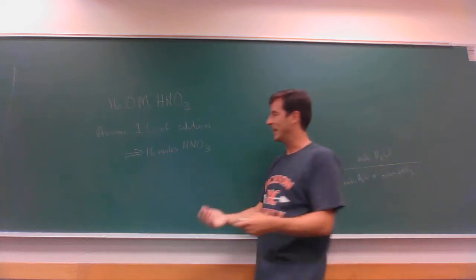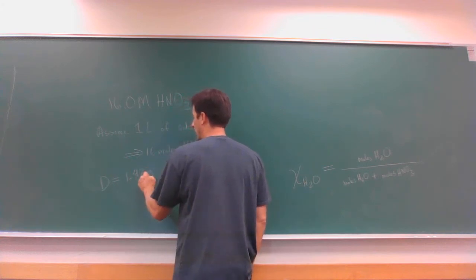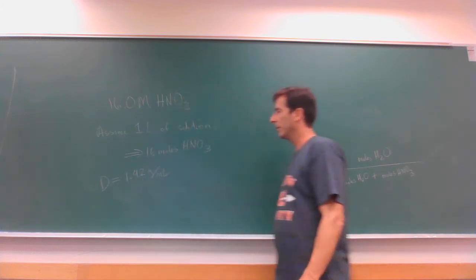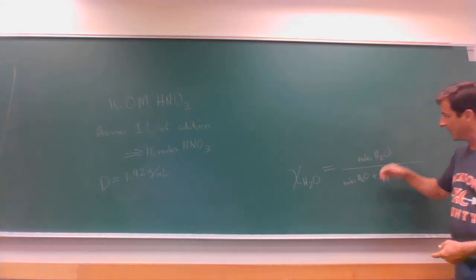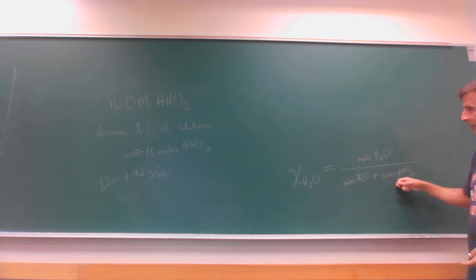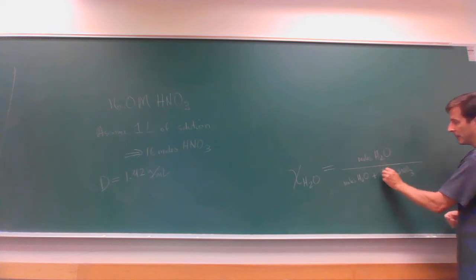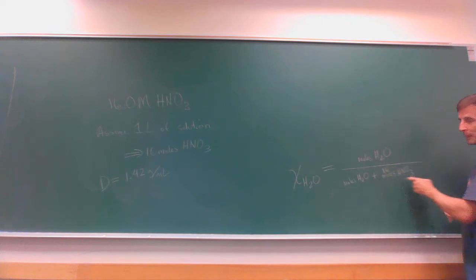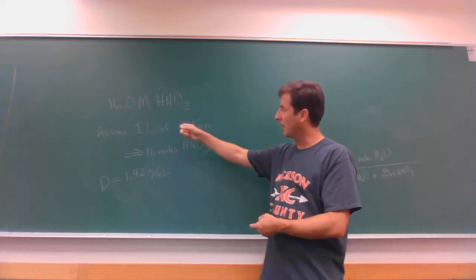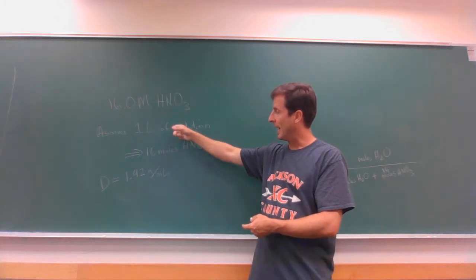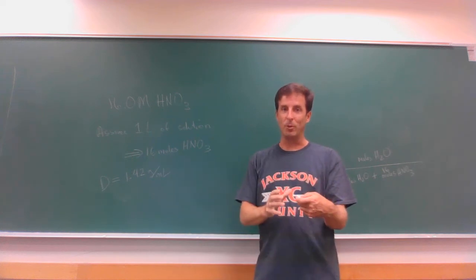They also gave me the density. The density is 1.42 grams per milliliter. So at this point, I need to start working. I need the moles of water over the moles of water plus the moles of nitric acid. The moles of nitric acid is 16, so I can plug that in right here. To get the moles of water, I know the volume and the density of the solution, so I can find the mass of the solution.